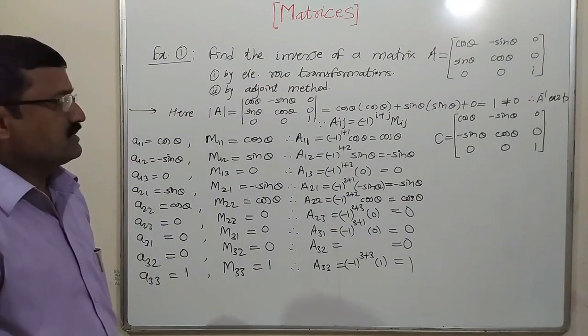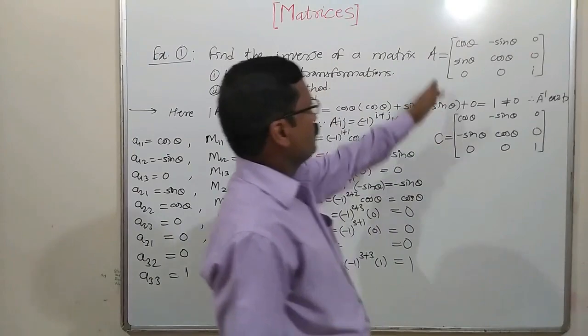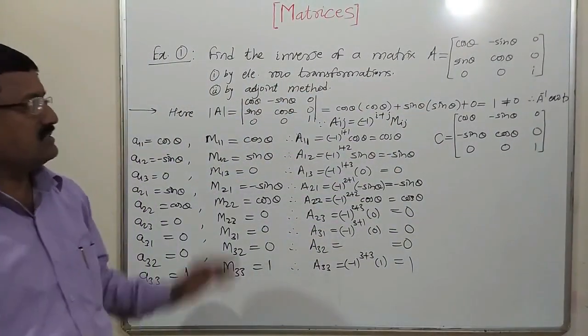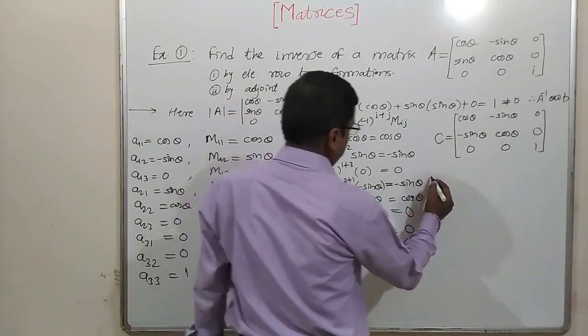Here we get one interesting result as this is the matrix A again. So if this is matrix, then its cofactor is that matrix itself. That also you remember. After that, let us find adjoint of A.